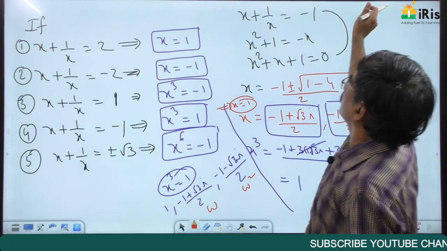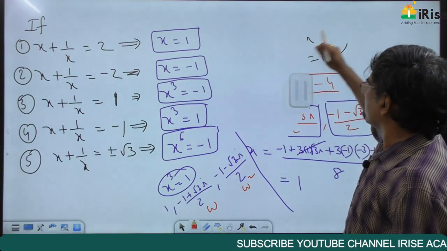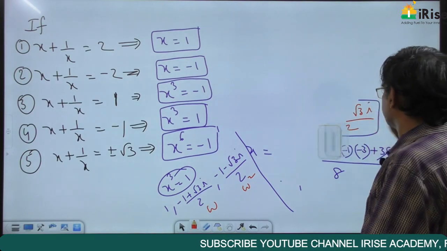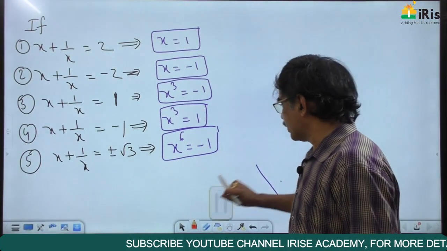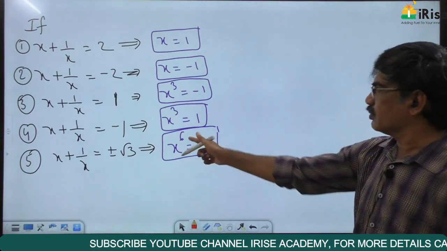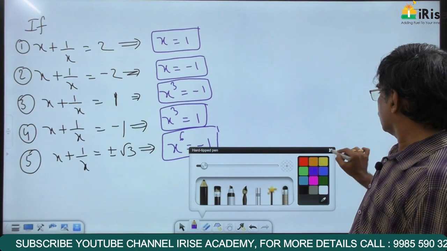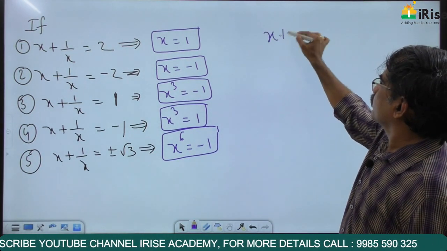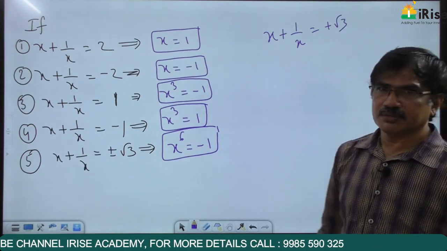Okay, so this is about this concept. Next, last one, if x plus 1 by x is equal to plus or minus root 3, first I want to consider only plus root 3.